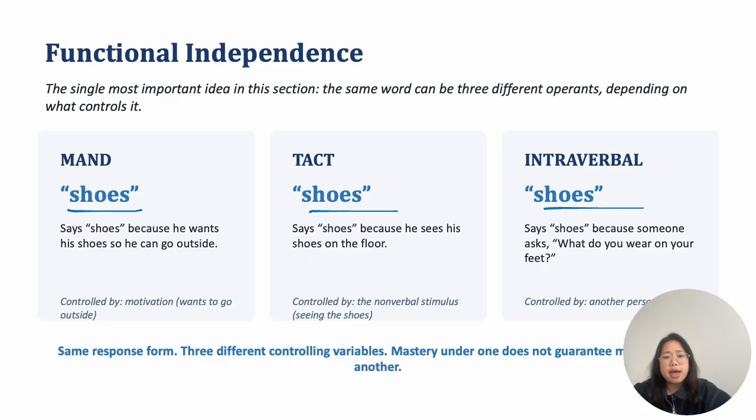For example, a learner who can tact "dog" the moment he sees one is not guaranteed to be able to mand for a dog he wants, nor to intraverbally answer what animal barks when no dog is present. So each of these repertoires is under separate antecedent control, and mastering a word under one type of control does not automatically transfer to another.